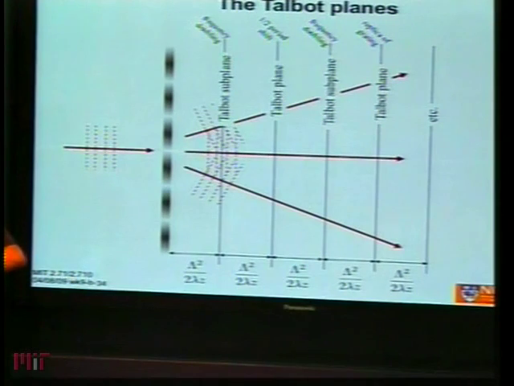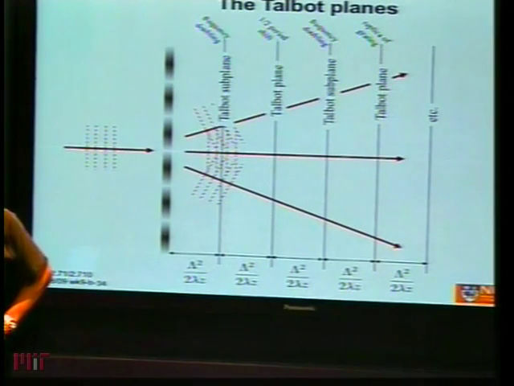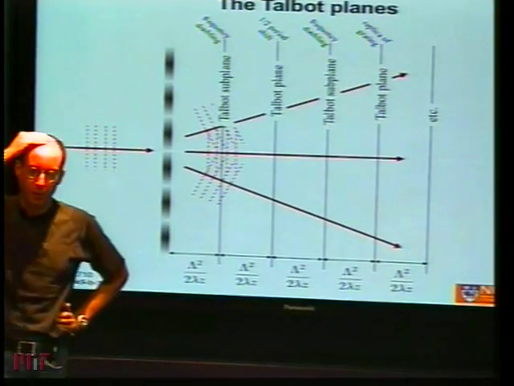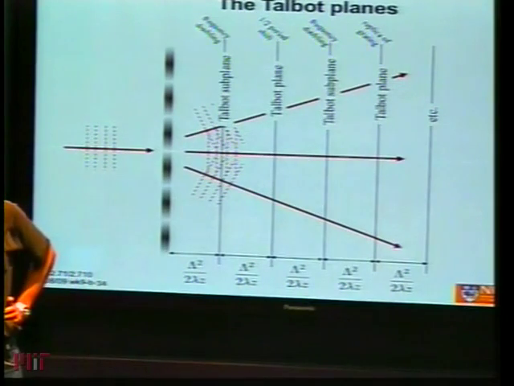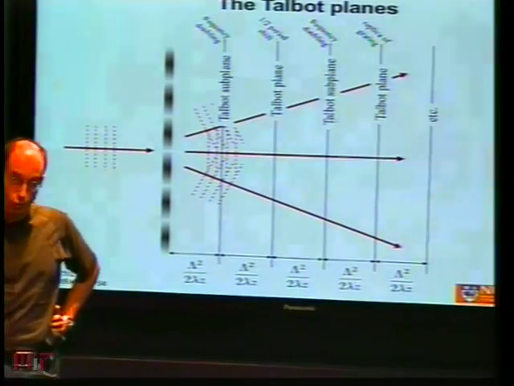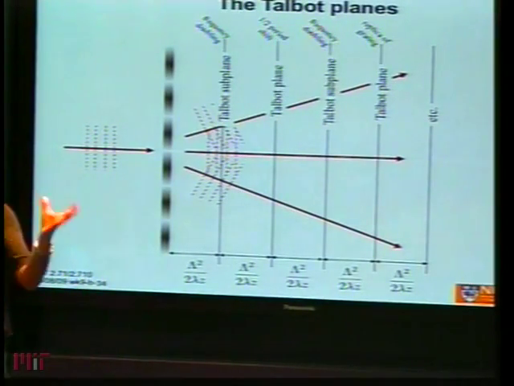Now we're out of time, so I will say something that's interesting for those of you who have time to stay. This, as Professor Sheppard mentioned, has been noticed since a very long time ago, but more recently it became a kind of hot topic of research because people noticed that it happens not only in sinusoidal gratings, but it can also happen in every periodic pattern.